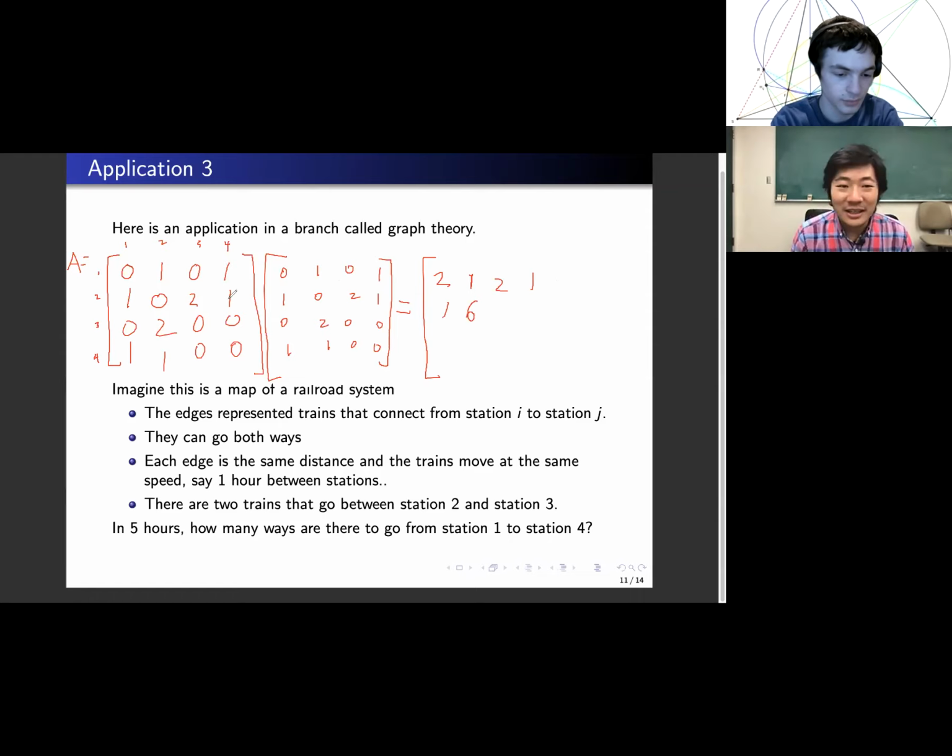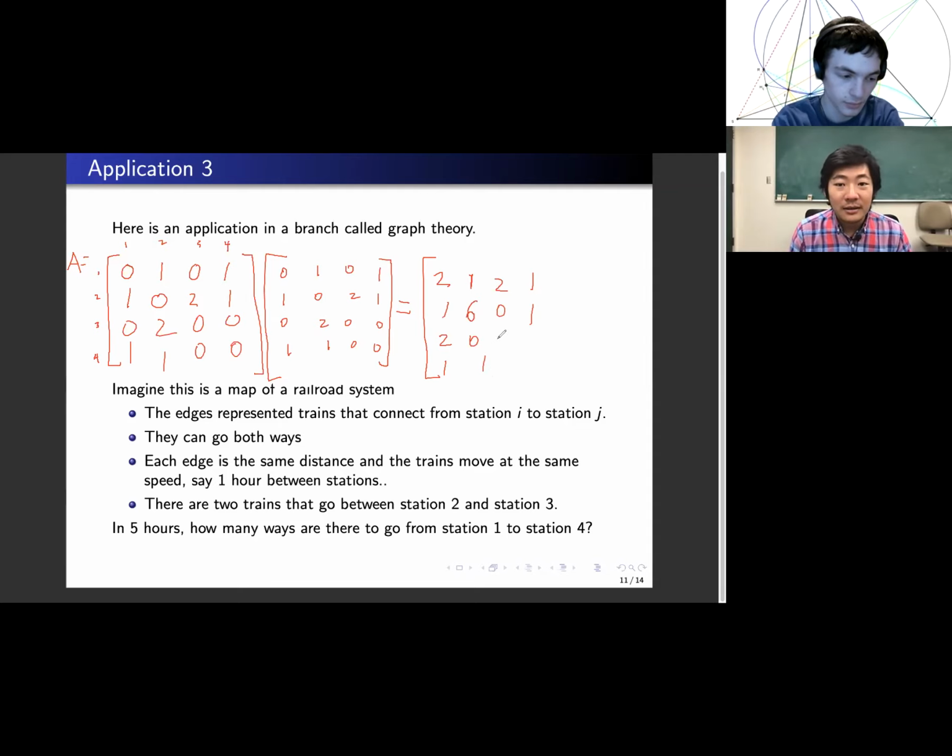Yeah, that's right. And let's see, this will be 0. And this will be 1. Yeah, 1. Then just need to do a couple more. So this will be 2 and 1 and 0 and 1 here.